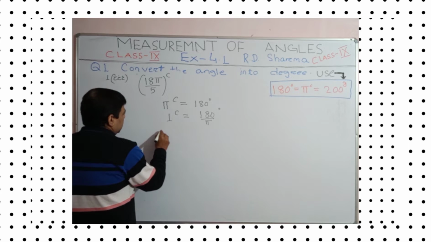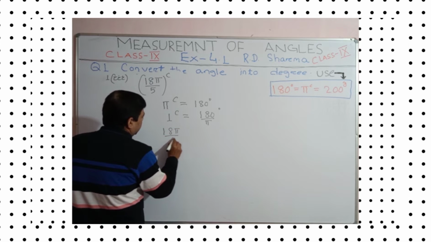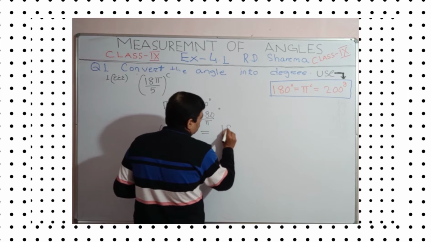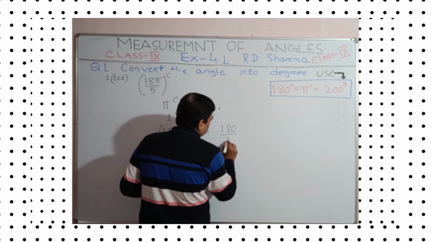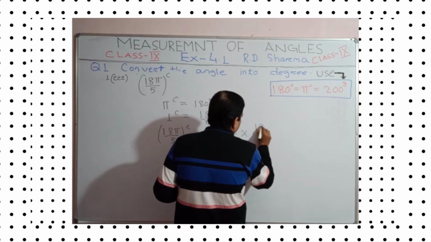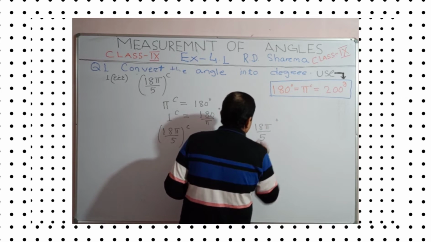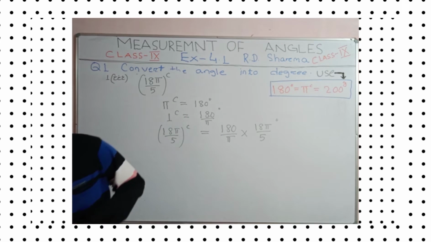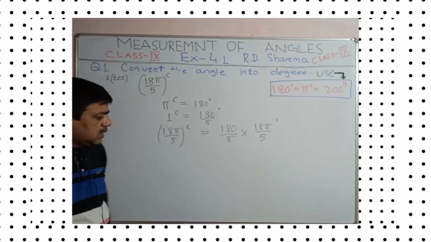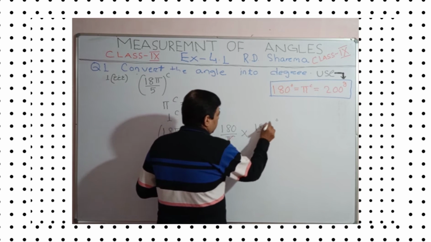And 18 pi upon 5 radian is equal to 180 by pi into 18 pi by 5 degree. So we can cancel pi. Yes, pi will cancel.